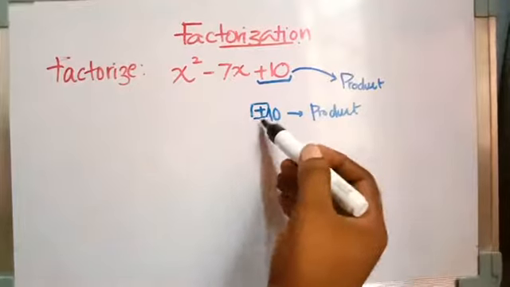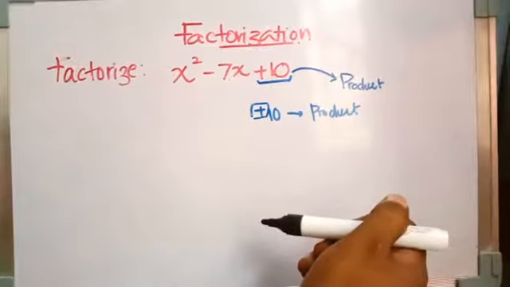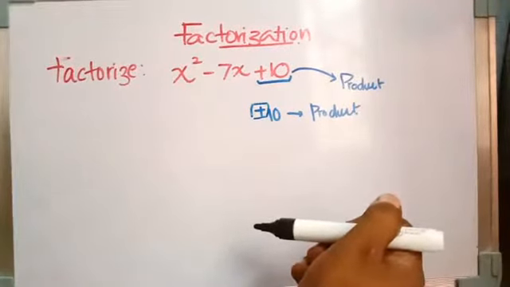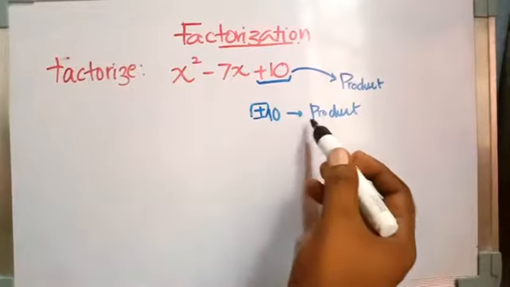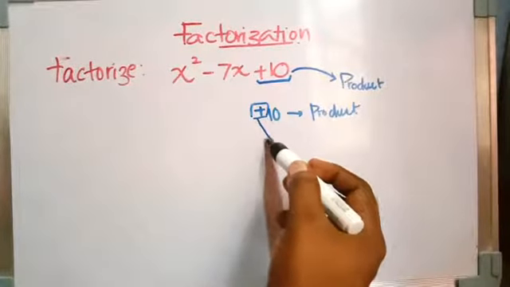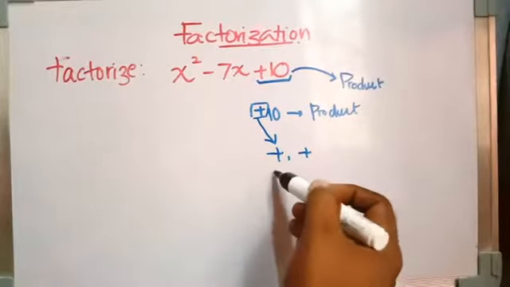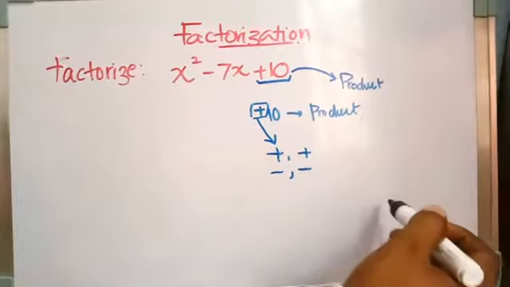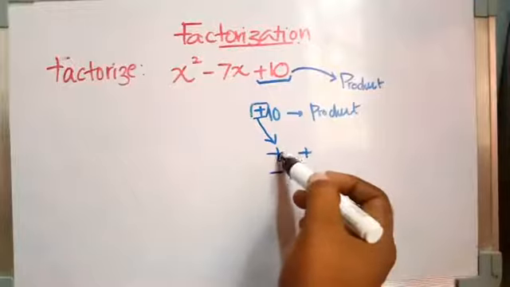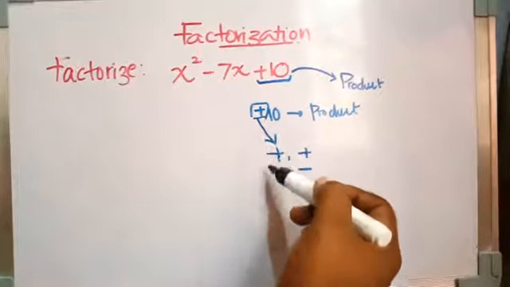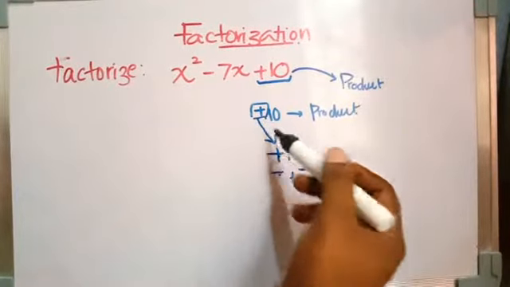The product is positive. What do we mean by the product of two numbers being positive? The product of two numbers is positive only when both the numbers are positive or both the numbers are negative, because plus into plus is plus, and minus into minus is plus.